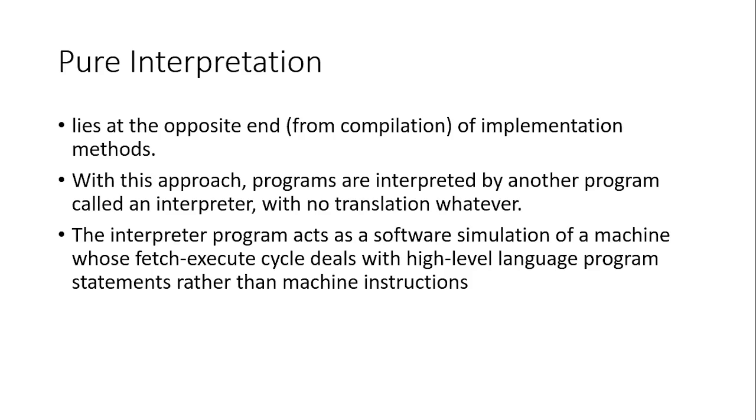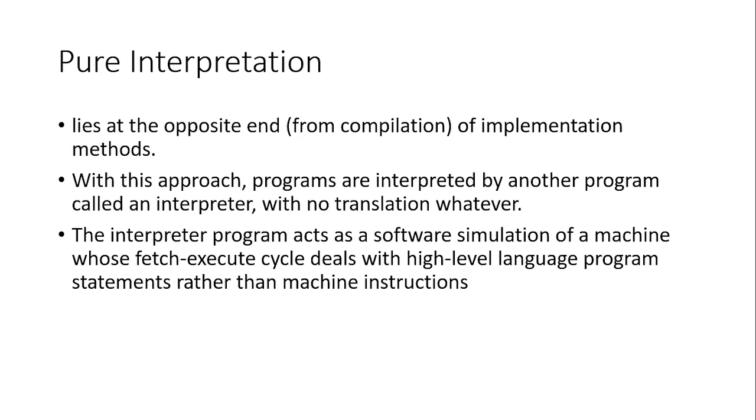On the other hand, this method has the serious disadvantage that execution is 10 to 100 times slower than in compiled systems. Because in compiled systems, once the compilation is over, then only it will start executing. But in the case of an interpreter, as and when you give a source code line, that will be interpreted.